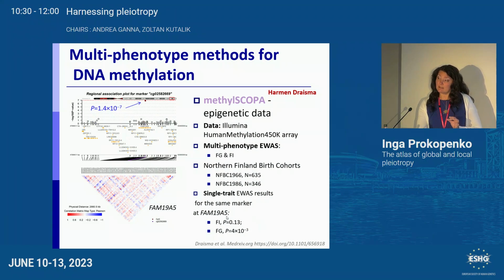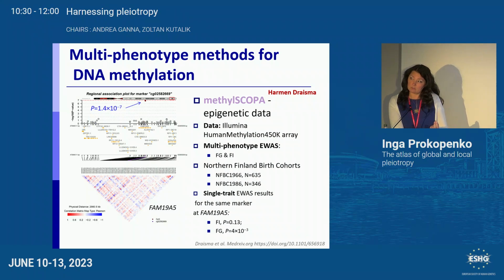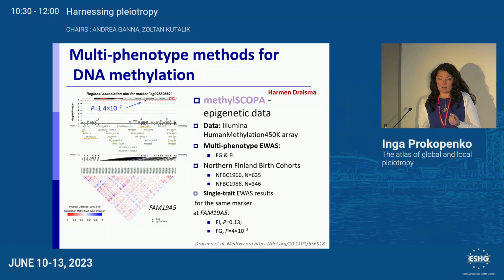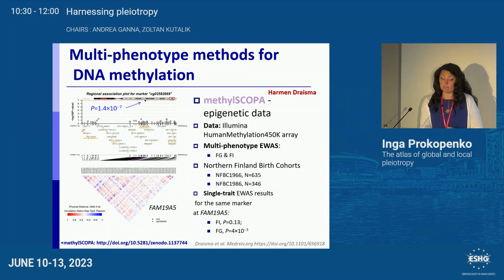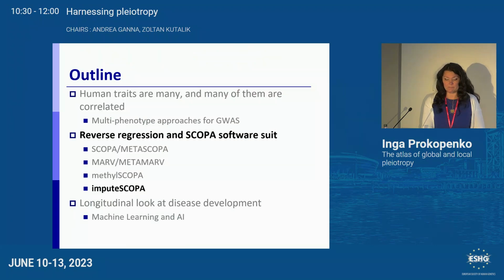And if we were analyzing them separately, we wouldn't see this effect. So there is correlation between glucose and insulin, and this approach has used the correlation between phenotypes to enhance power. Right?